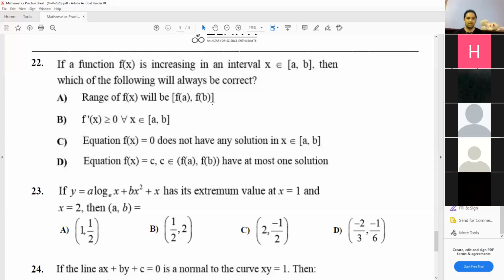So B. No. सर, B ट्रू होने के लिए ओपन इंटरवल होना पड़ेगा ना. हाँ. और सर equal to भी नहीं हो सकता ना. हाँ, इक्वल टू भी नहीं होगा. ठीक है, इक्वल टू नहीं होगा.